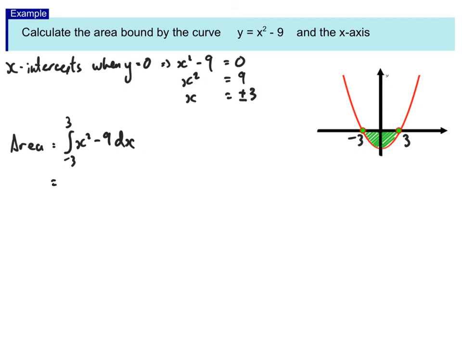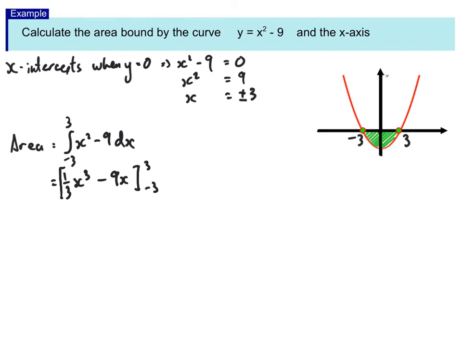So my area, x squared, is going to go to x cubed, and I divide that by 3, or take a third of it. Minus 9 will integrate to minus 9x. Put my square brackets around it, and copy my limits down.